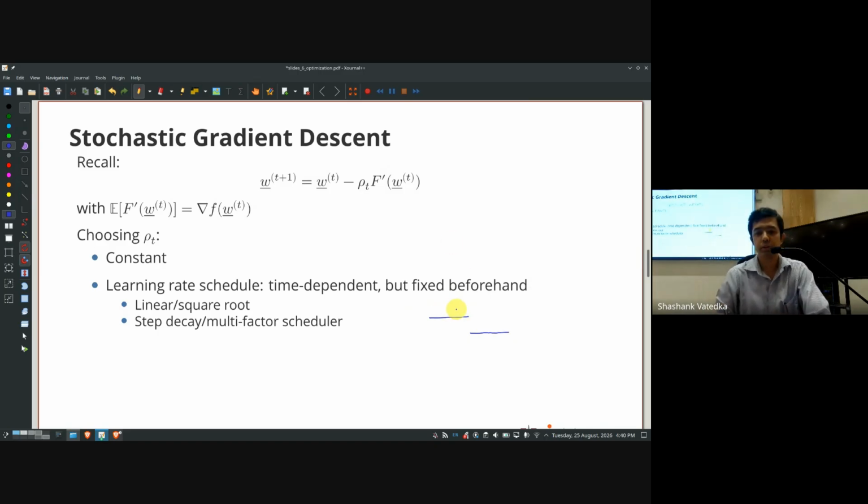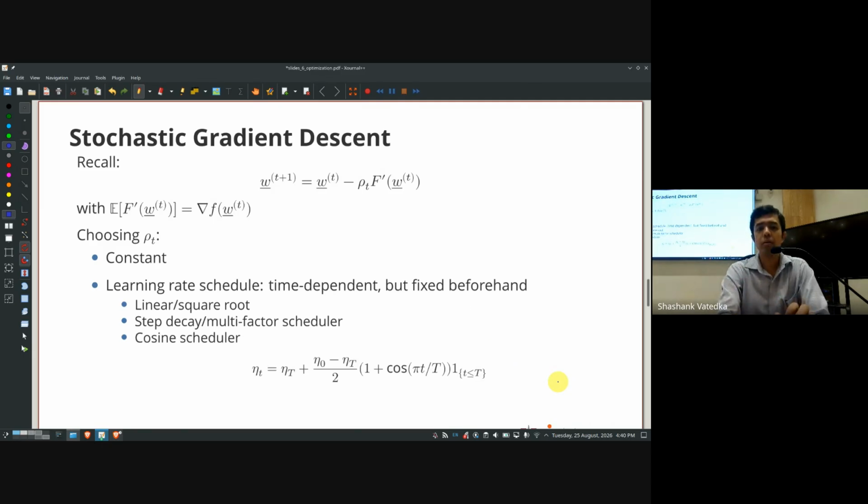So this is the value of rho from 1 up to some capital T. And then for the next T time instances, you decrease this by some particular factor, and so on. So it's piecewise constant and decreasing. That is one common approach.